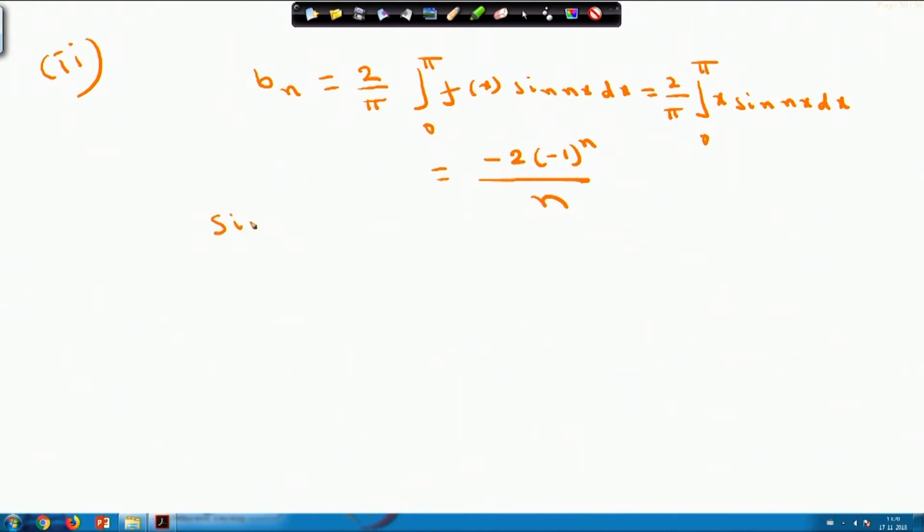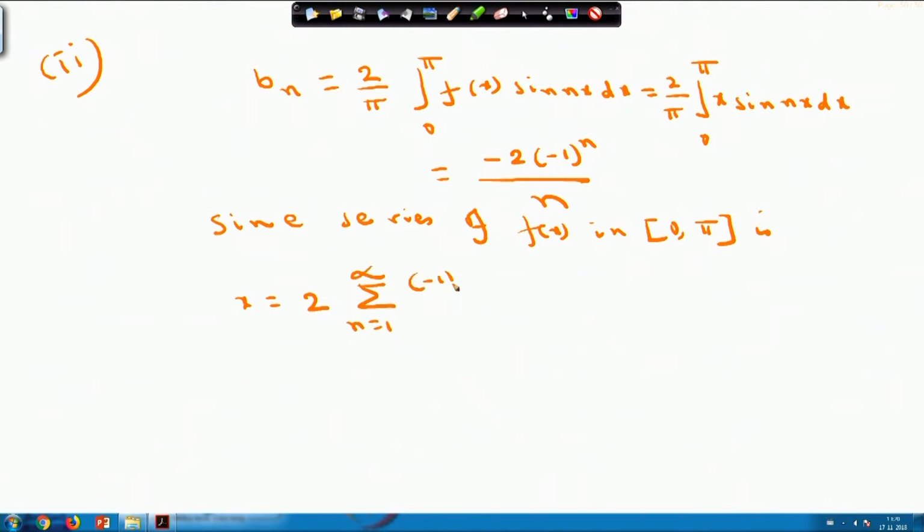Therefore, the sine series of f x in 0 to pi is x equals 2 into summation n equals 1 to infinity, minus 1 to the power n plus 1 into sin n x by n.